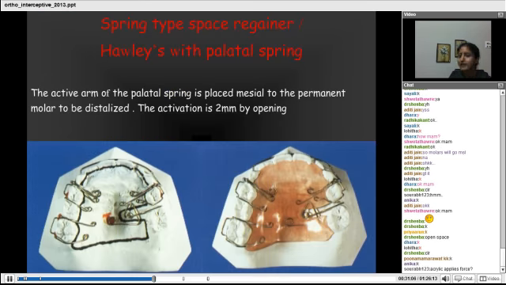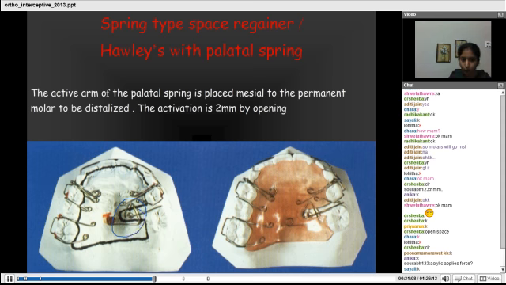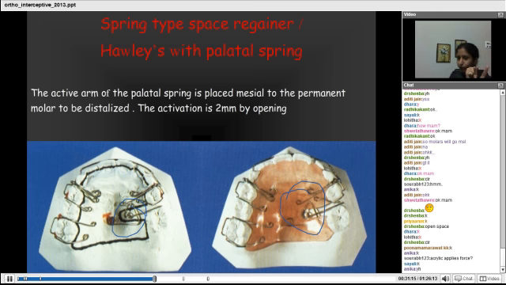Next is the palatal spring. I hope all of you know how a palatal spring works. You just keep activating your spring every time. The spring applies force and pushes the acrylic. The spring transmits it to the acrylic, but it is mainly the spring which is working there.